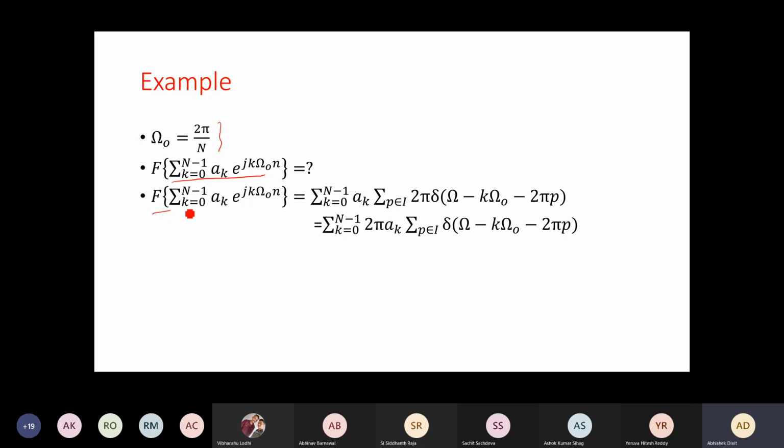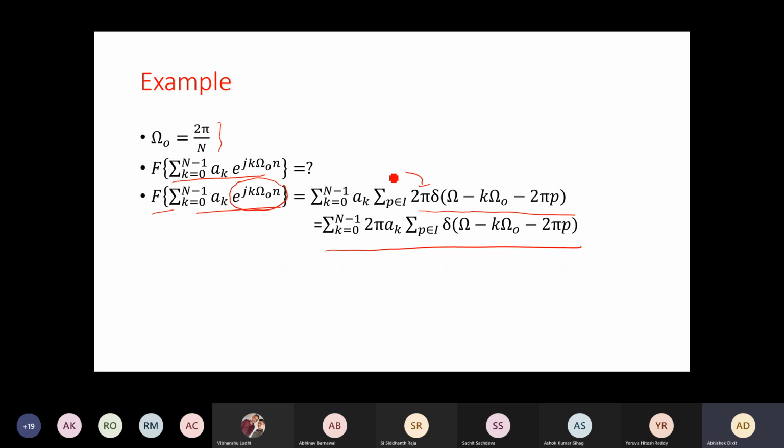So what is its Fourier transform? You know, right? We have already seen what is the Fourier transform of this signal. Fourier transform of this signal is this. So this thing is same as this thing, right? No problem.